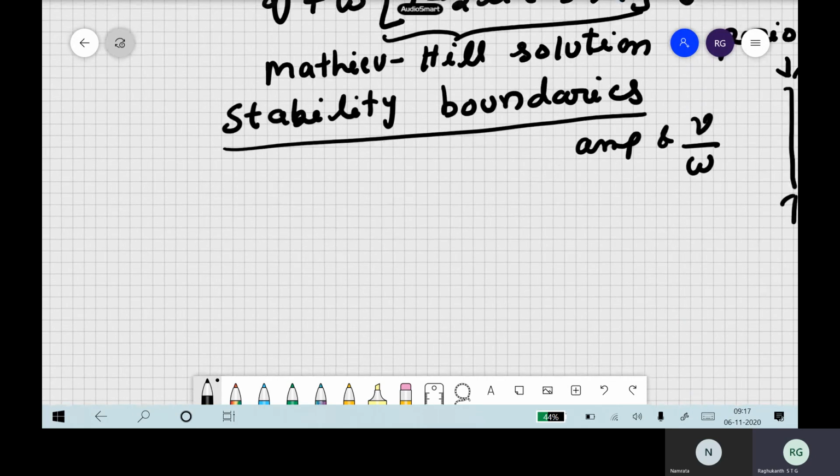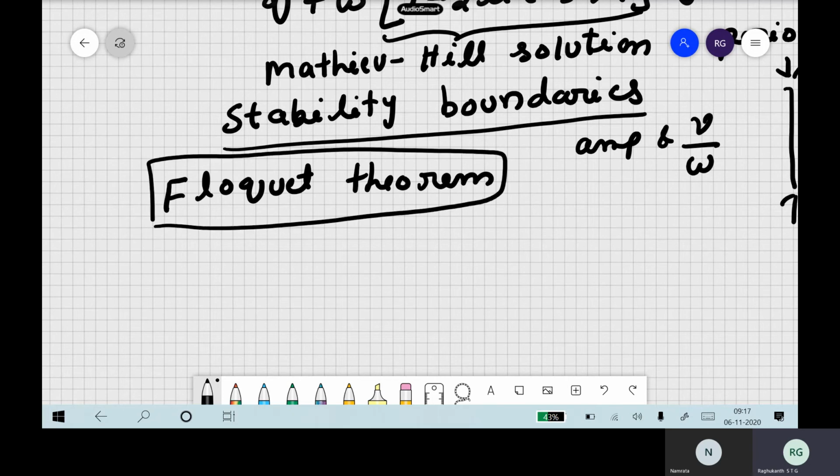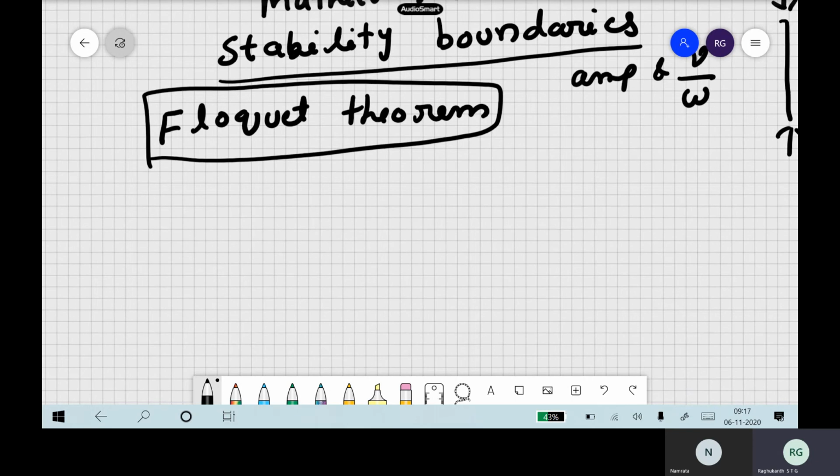Now there is one famous theorem in mathematics, Floquet's theorem, or Floquet's theory also they say. He tried to give a solution for these types of ordinary differential equations with periodic coefficients.